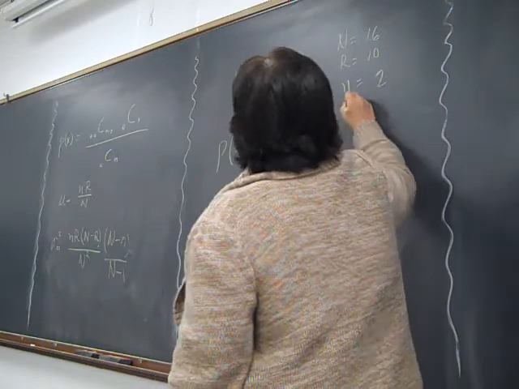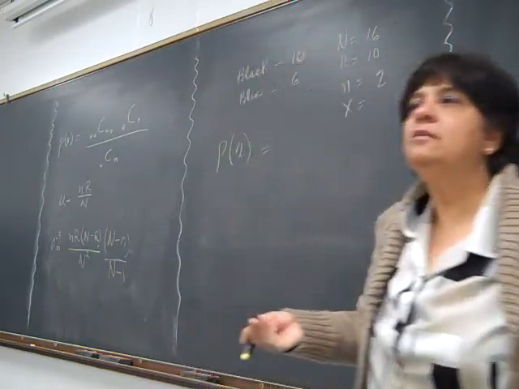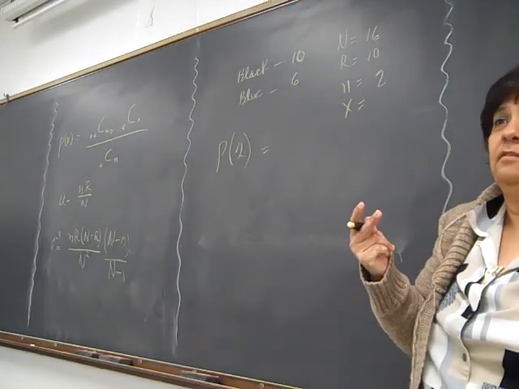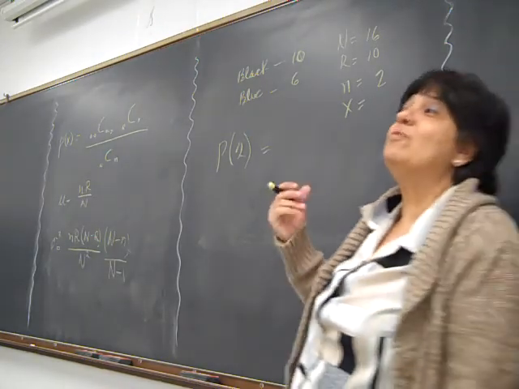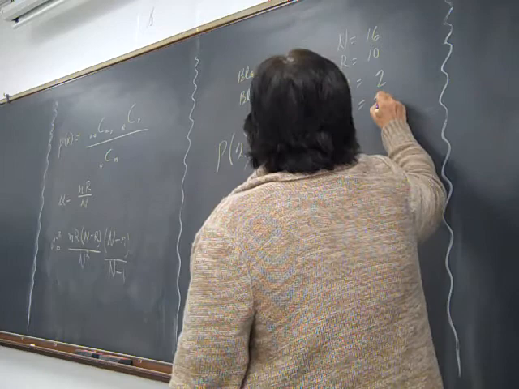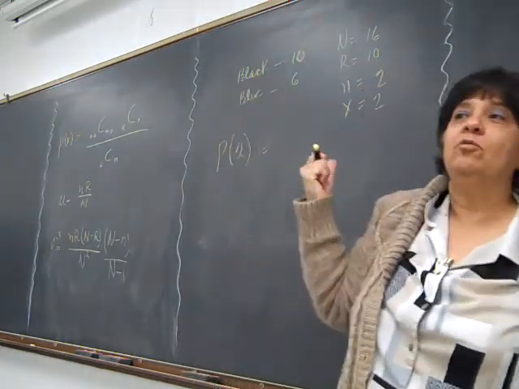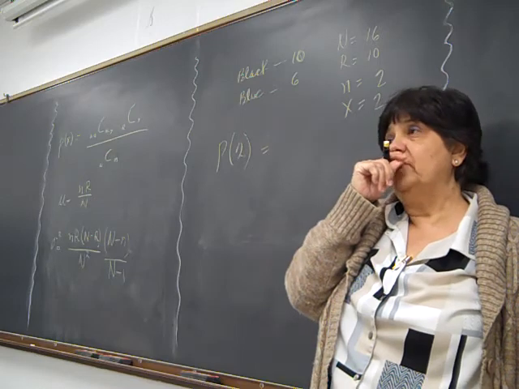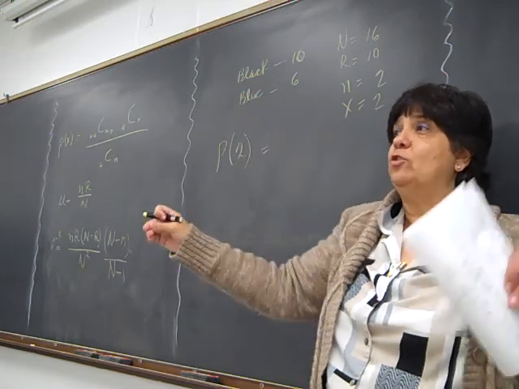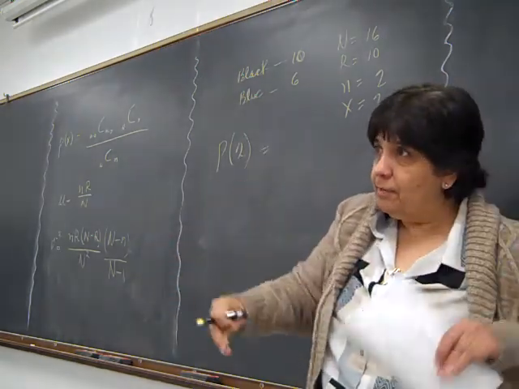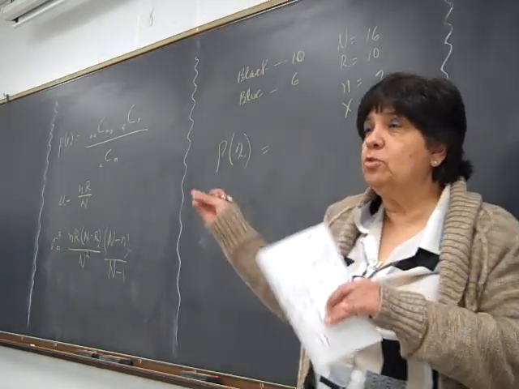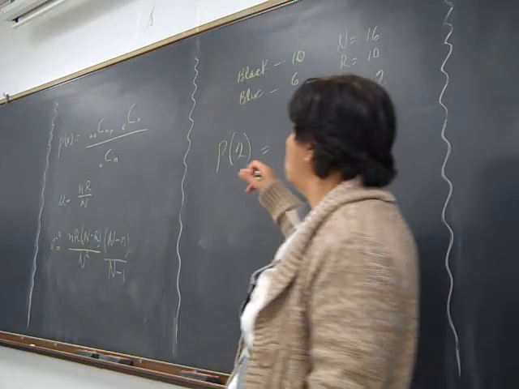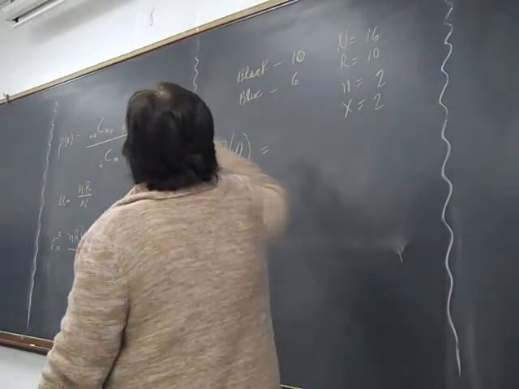And my X is 2, I want the 2 blacks. So what is the probability that I get a black pair of socks when I go to work?